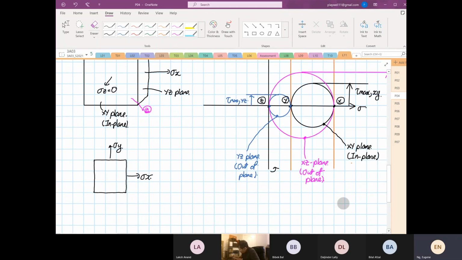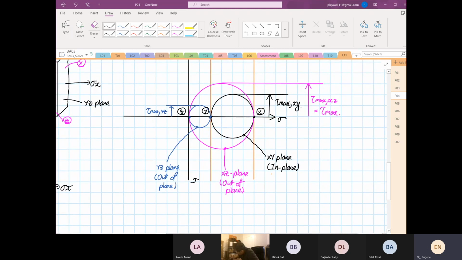So if we were to do that, right, this value over here will be your stress max for 2D analysis or 2D Mohr circle. Yes or no? Right?